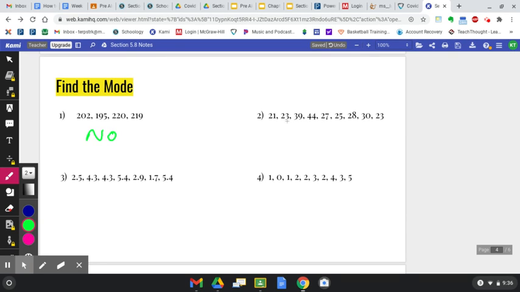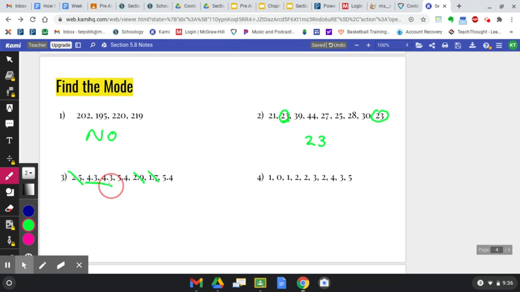In number 2, notice I have the number 23 occurs twice. Everything else just occurs once. So 23 would be my mode there. Now, in number 3, there's only one value of 1.7, only one value of 2.5, only one value of 2.9.